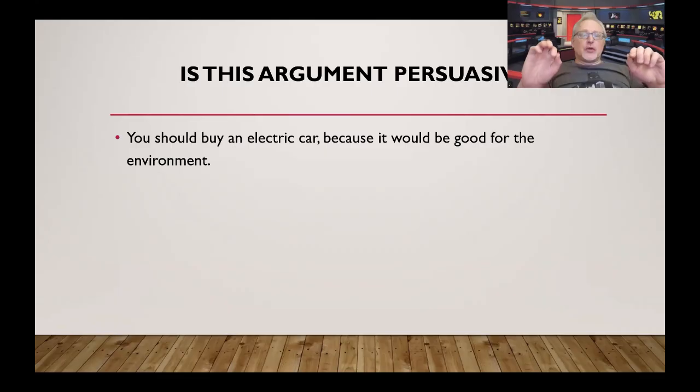In addition, there's the matter of what other arguments are out there. Remember when I talked about proposal arguments? When it comes to social issues, there are almost always two sides to consider, for and against. Any given proposal has potential harms and benefits.